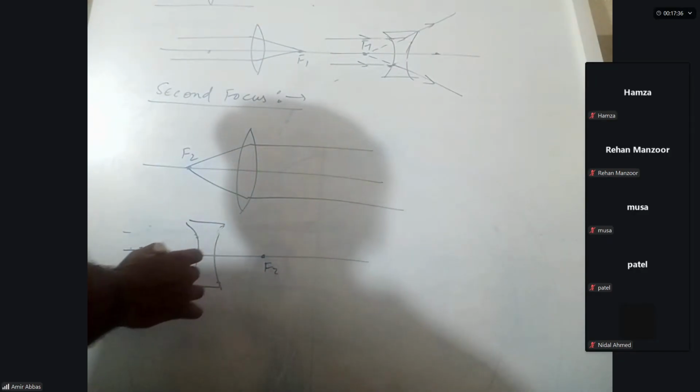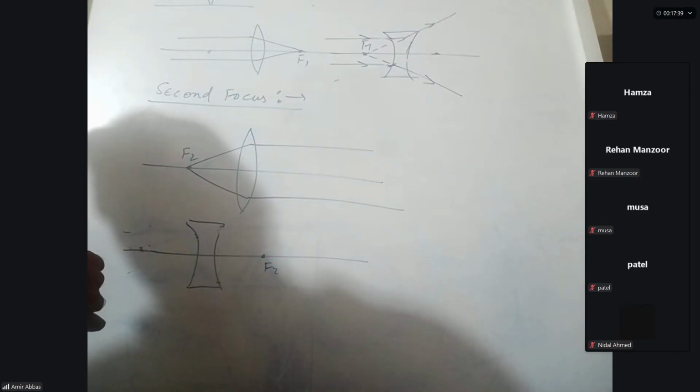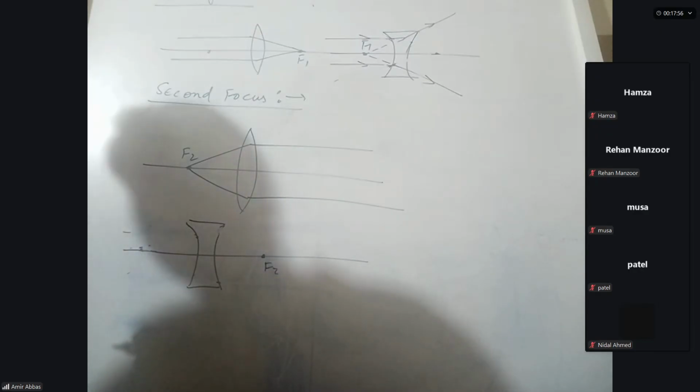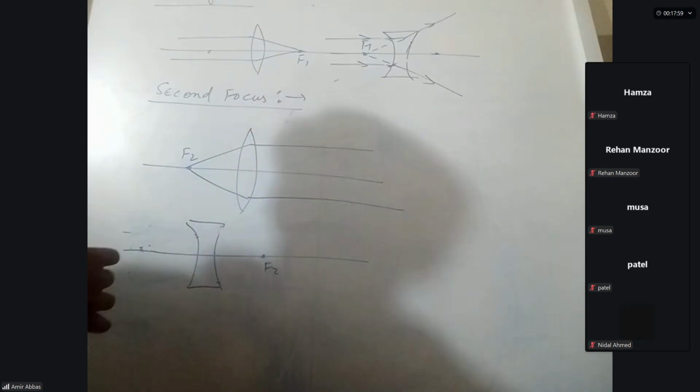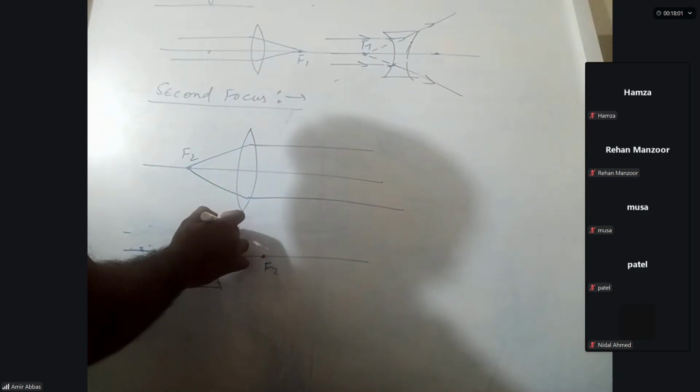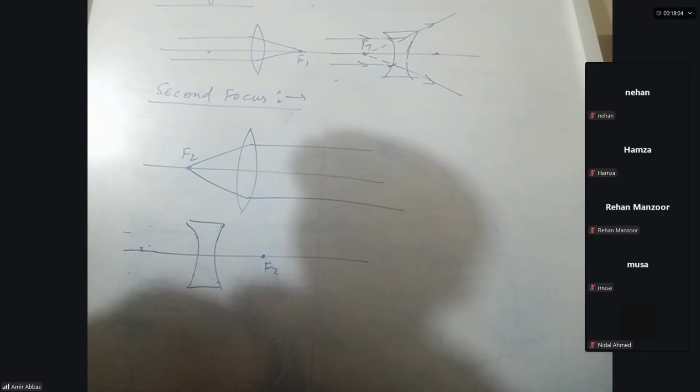So the light rays which are going parallel to the principal axis after refraction will meet at an imaginary point over here, because we are not in a condition to draw this.